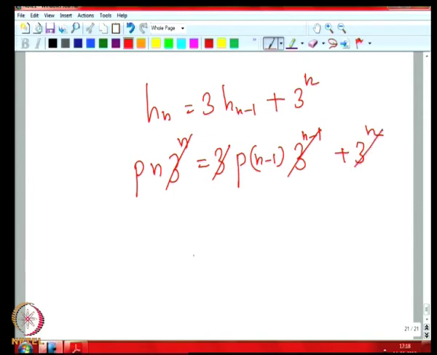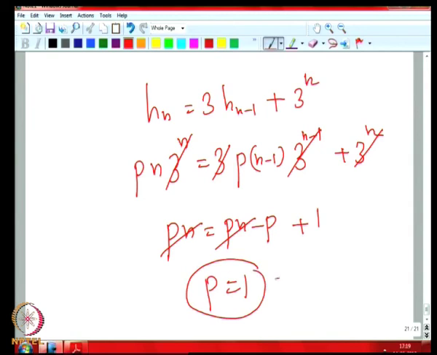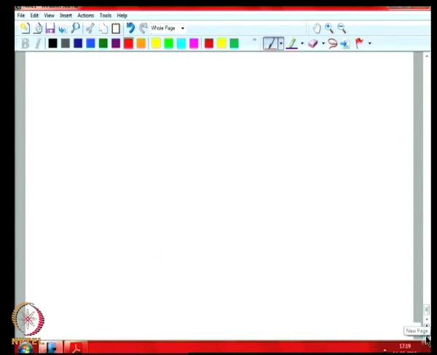So, that means pn equal to pn minus p plus 1, this is what we will get. So, pn also goes away. So, we get p equal to 1. So, we get a solution for p now. So, we get a particular solution h_n equal to p times n into 3 raised to n, that is, with p being 1, n into 3 raised to n, this is the solution.